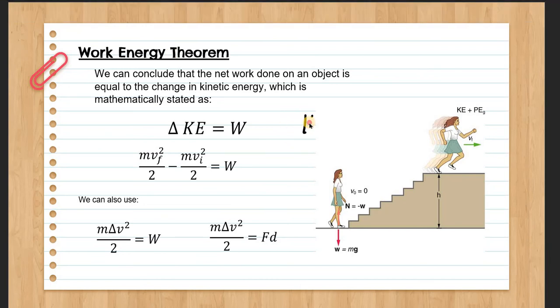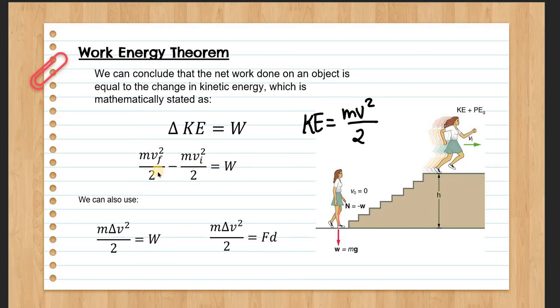So, knowing that kinetic energy is equal to mv squared all over 2, this is kinetic energy. This is change in kinetic energy, meaning the final kinetic energy minus the initial kinetic energy. So, we can just substitute here. So, mv f squared over 2 minus mvi squared all over 2 is equal to work.